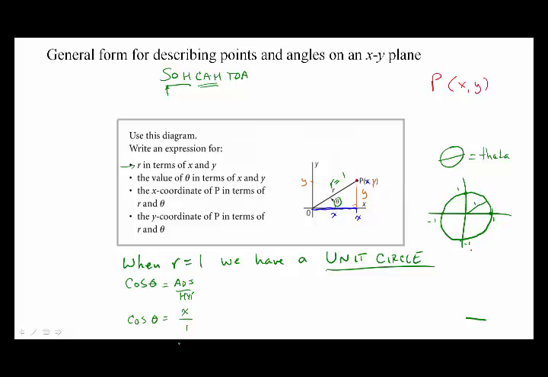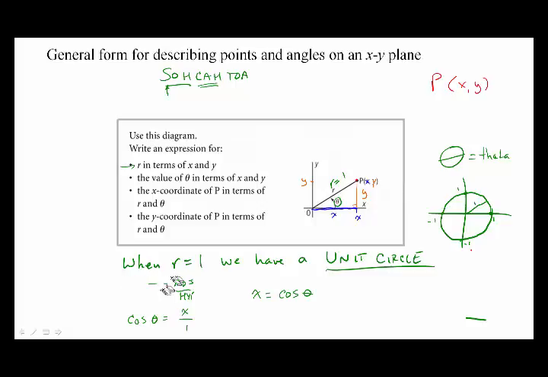And so what can I say my x is if we're talking about a unit circle? X is equal to cos theta. You follow how I did that? Because you have to times each side by 1 to get rid of the 1. Well, something over 1 is just itself, right?